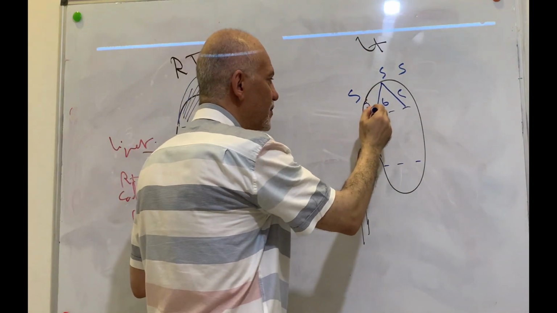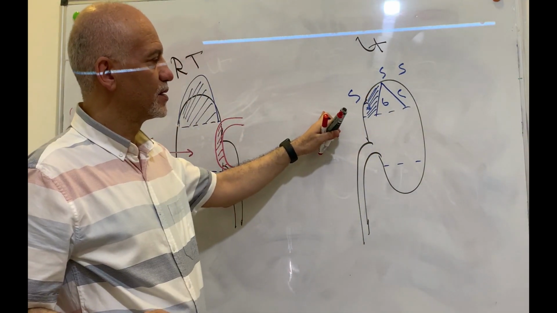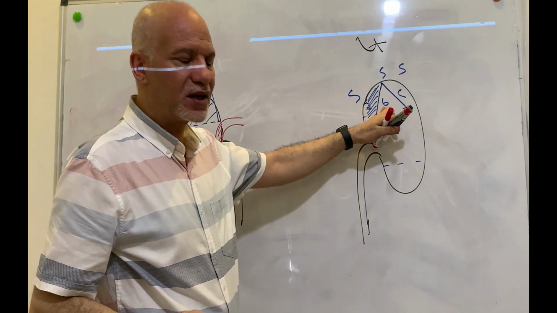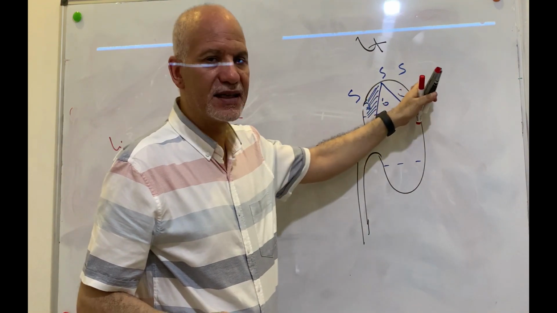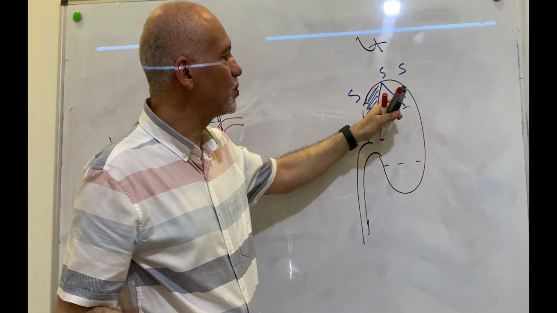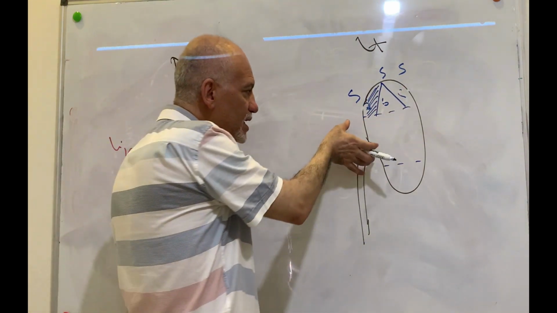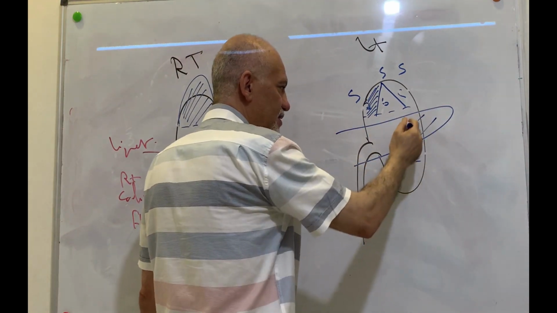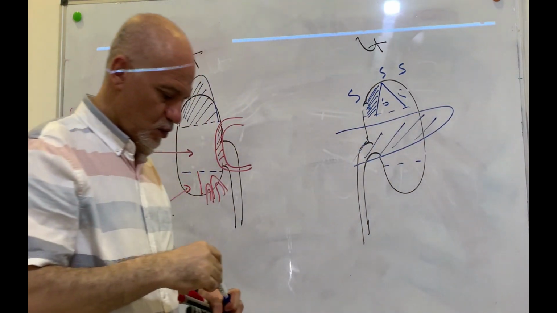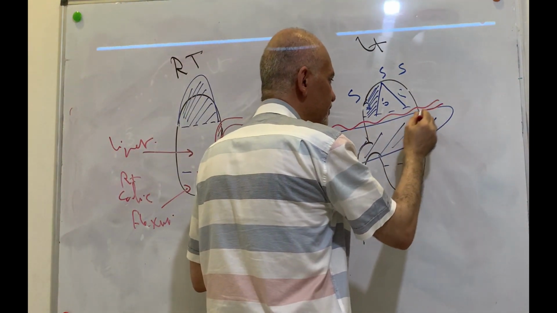This is suprarenal, this is stomach, this is spleen. So SSS: suprarenal, stomach, and spleen. The middle part is related to the body of pancreas. And on the upper border of the body of pancreas is the splenic artery.